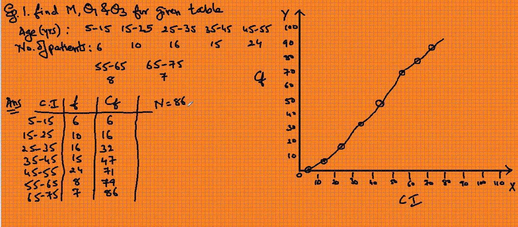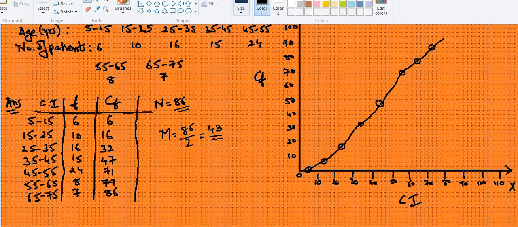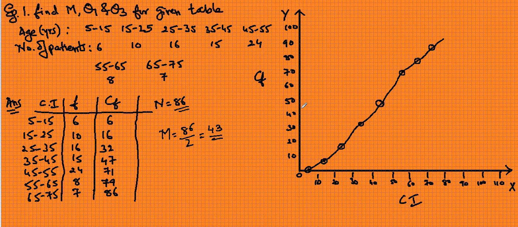Now n is equal to 86. So now I want to find the median, which is n upon 2, 86 upon 2, that is 43. So where is 43? I will take a different line. Here 43, and then bring it down. Understood?